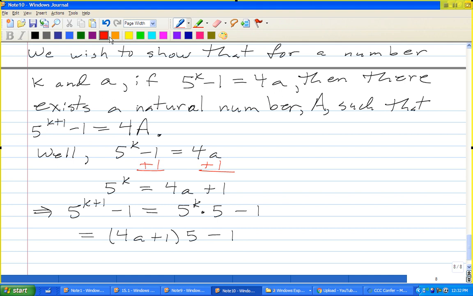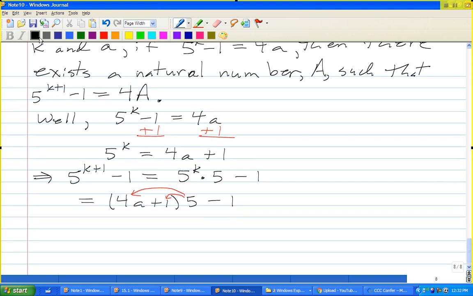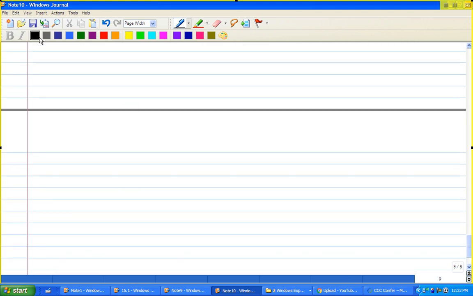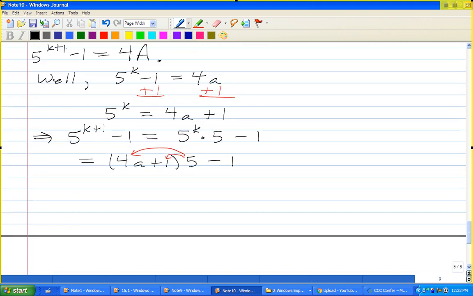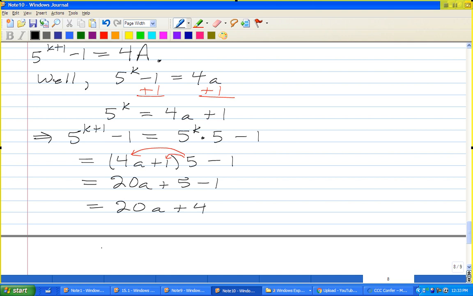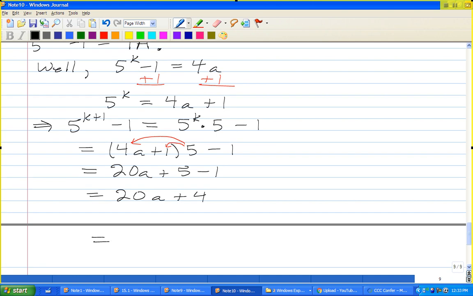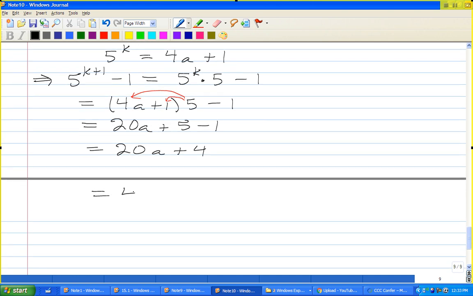Multiply the 5 inside the parentheses. So this is equal to 20a plus 5 minus 1, which is 20a plus 4. And so let me write this by factoring out a 4. So this is 4 times (5a plus 1).